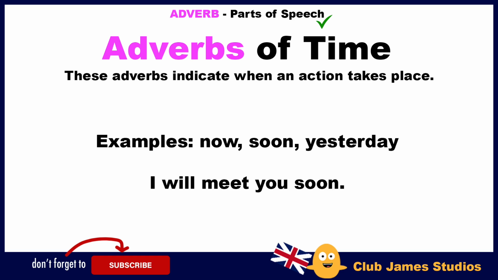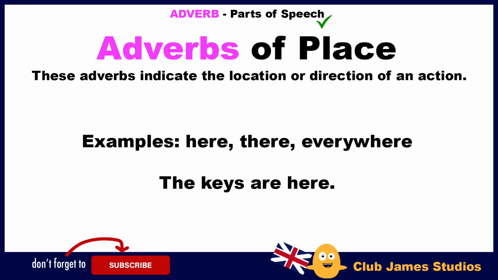Adverbs of time. These adverbs indicate when an action takes place. Examples: now, soon, yesterday. I will meet you soon. Adverbs of place. These adverbs indicate the location or direction of an action.